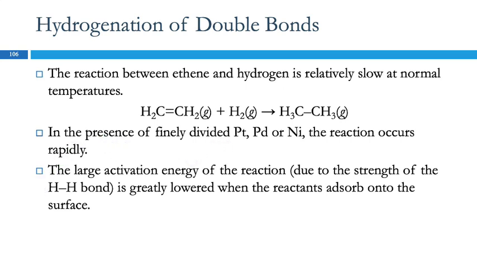So the large activation energy for that reaction is due to the strong hydrogen-hydrogen bond. When these reactants adsorb onto the catalyst surface, that hydrogen-hydrogen bond is weakened, and the reaction can occur much faster.